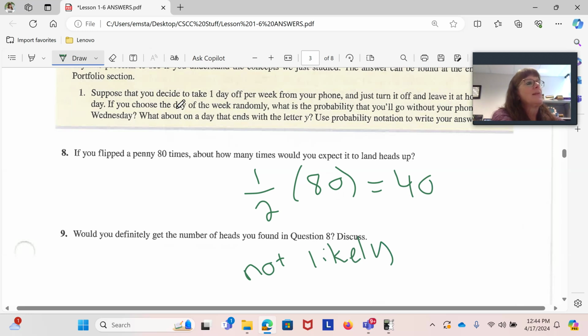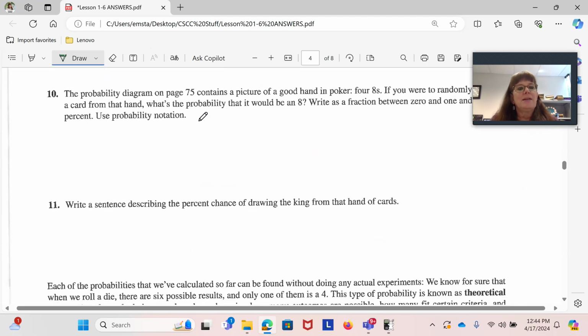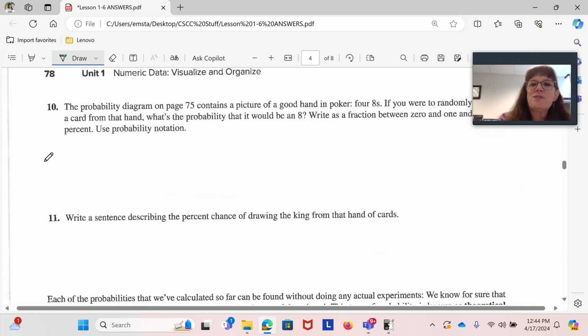Turning to page 78, number 10 says the probability diagram on page 75 talks about a good hand in poker: 4 eights. If you were to randomly pick a card from that hand, what is the probability that it would be an 8? They want me to write it as a fraction between 0 and 1 and as a percent. So how many 8s were in that hand? They even told me that here, so I don't have to even turn the page to go back.